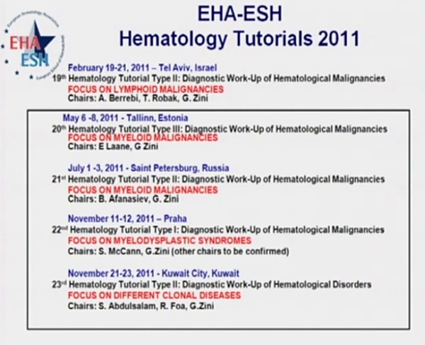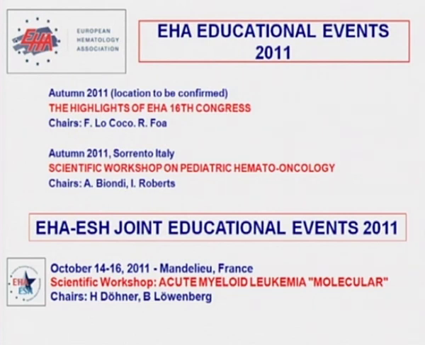The type 1 tutorial, once a year, is now planned in November in Prague and is focused on MDS. And in November we will have another type 2 that is of mixed topics, because there are hemoglobinopathies and acute leukemia and some chronic lymphoid leukemia. So this is all for 2011.